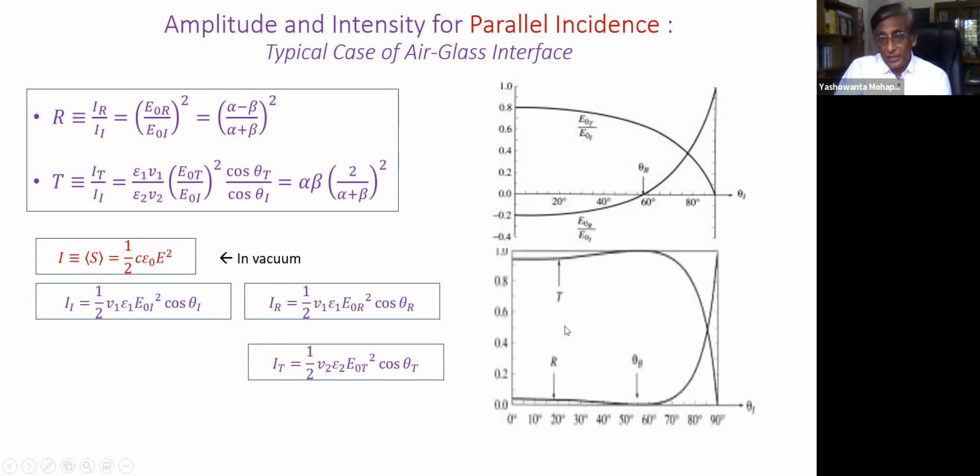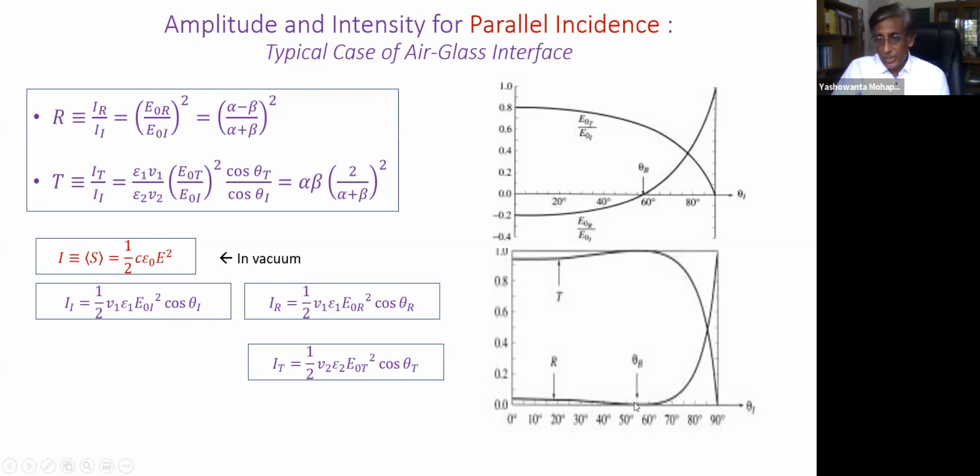Then one can take the square of that and simply plot it. So this, for example, becomes a square, and you can see that this is the reflected amount. Since this decreases, the reflected amount decreases, and at the Brewster angle reflection is 0, and then reflection picks up. Transmission is similarly there.